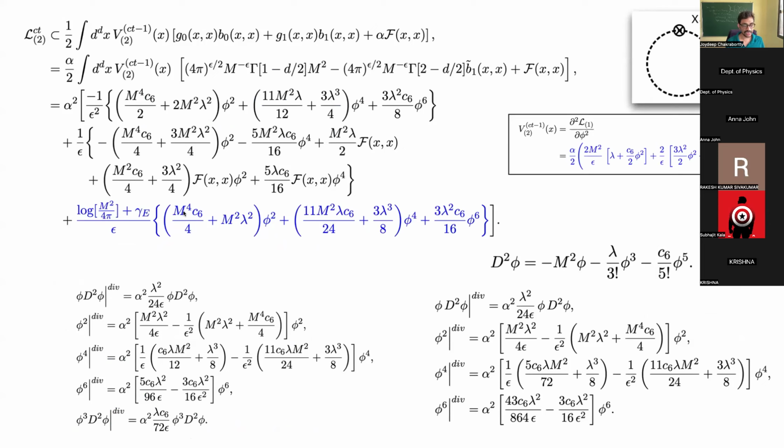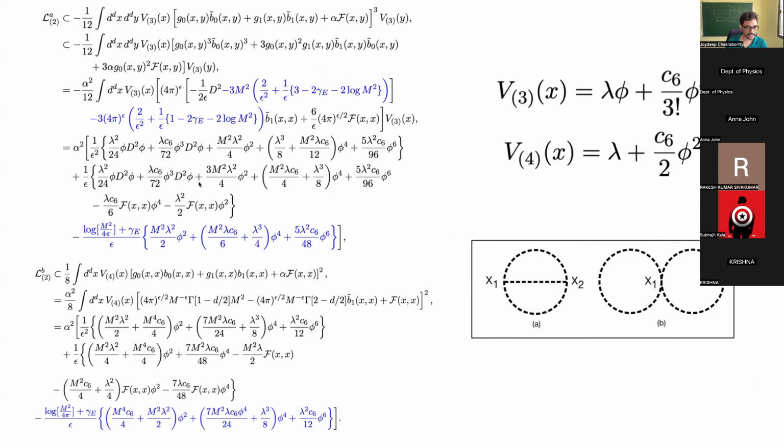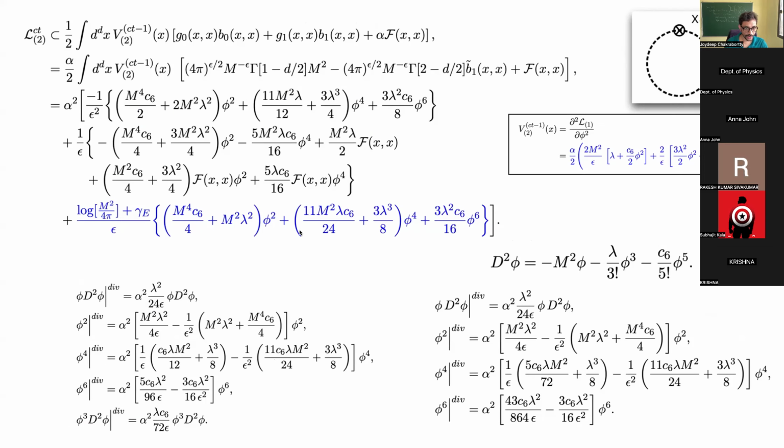That's why even if you use an IR regulator, your physical quantities will not depend on the regulator. So that is one of the cross checks that you have computed all the diagrams in a correct way. Fine. Now we write down the full effective action Lagrangian as the sum of this counter term Lagrangian plus this counter term Lagrangian and this counter term Lagrangian. If you add them, you find the counter terms of the operators. So you write down directly the counter terms of the operators.